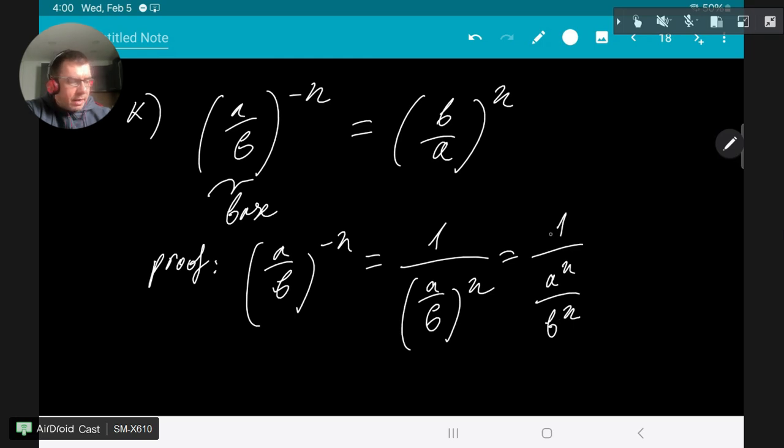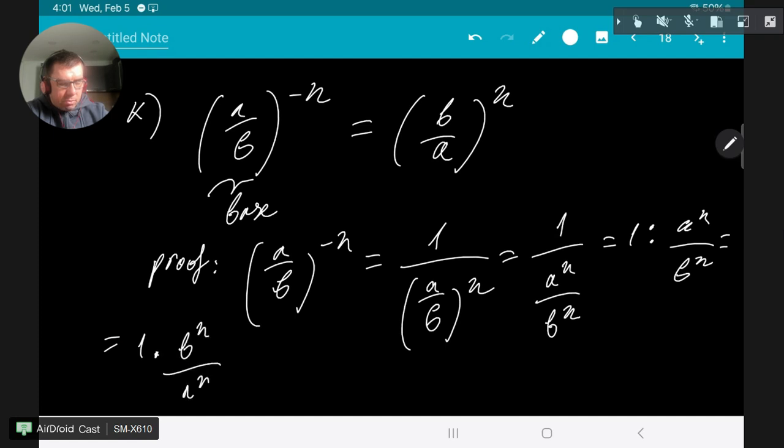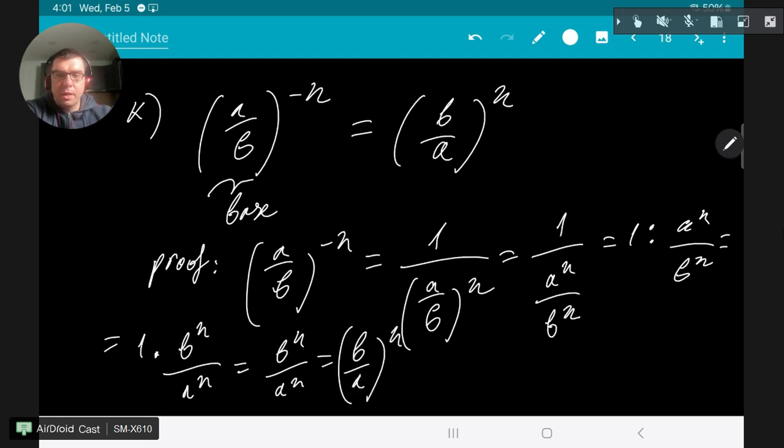And now if I have 1 divided by this fraction here, you know that to remove the division I can write it as a multiplication with the reciprocal fraction. So this is going to be the same as 1 times b to the power of n over a to the power of n, which is b over a, the whole thing to the power of n.